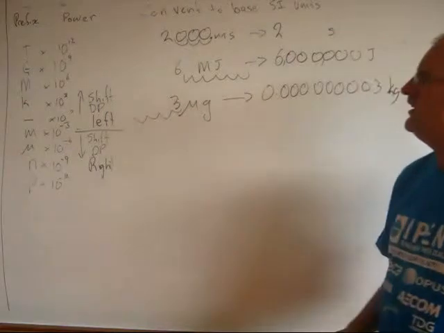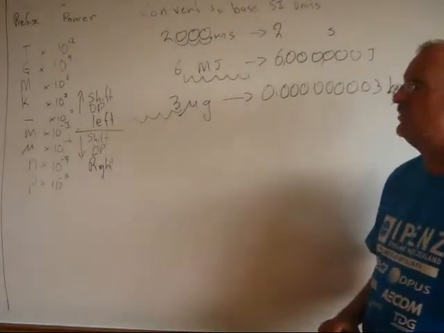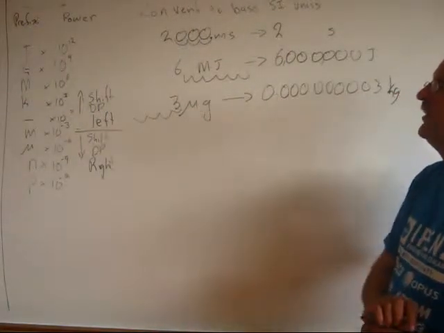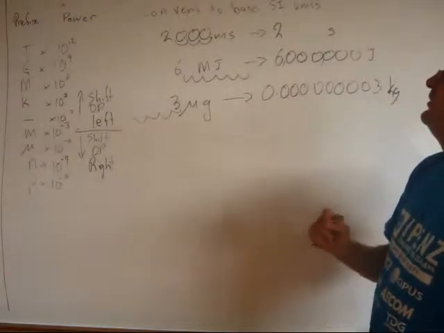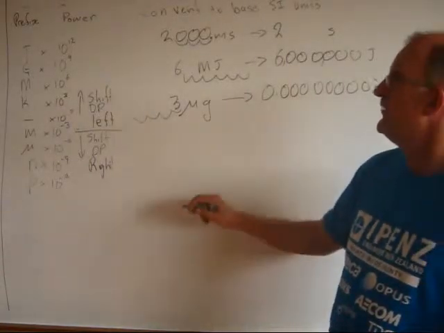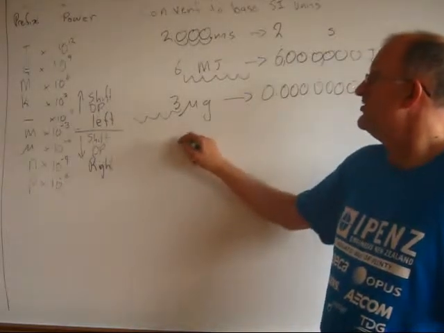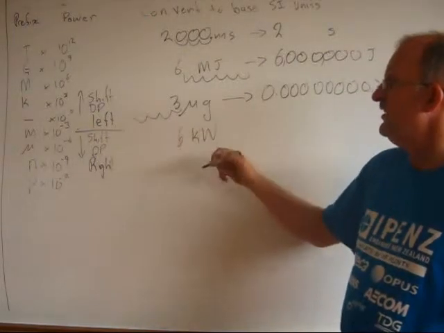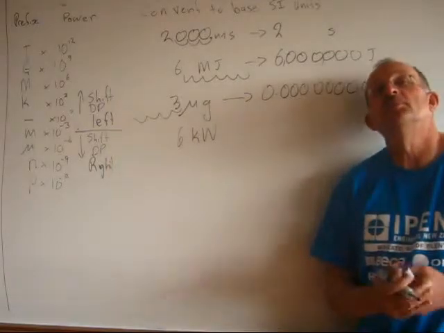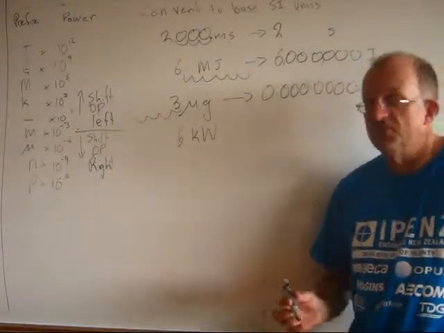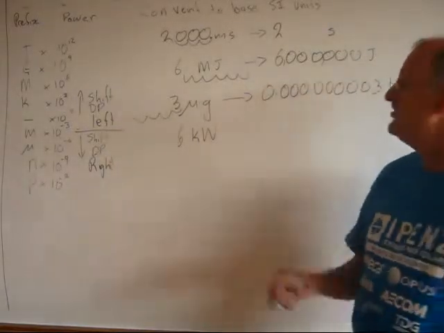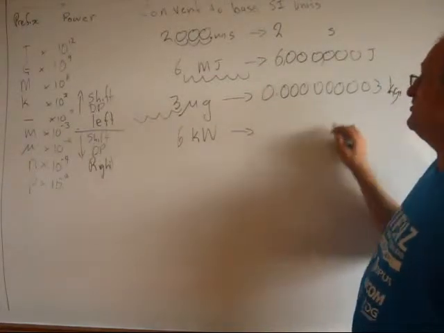Cool. Okay, let's just do one last one and call it a day because I've got to go home. If I have 6 kilowatts, a watt is a unit of power, it's a derived SI unit. So how many watts is that going to be?